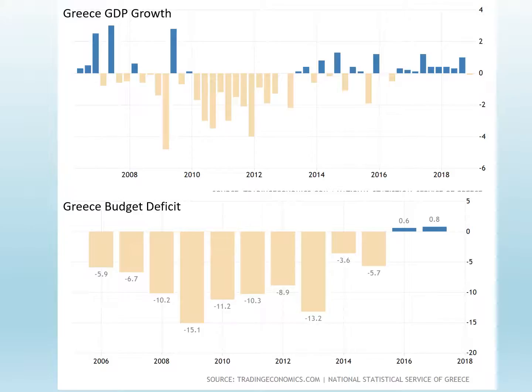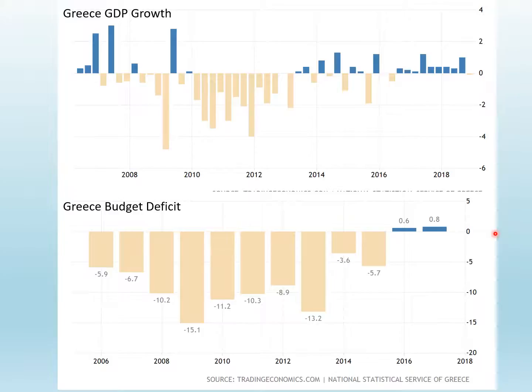If we do the same thing from a Greek perspective, if we start with the budget deficit, you can see here how we have this very, very large budget deficit at the height of the financial crisis, how it dips down again in 2013, that very large budget deficit, and how in recent years there's been a rapid turnaround in the budget deficit from a budget deficit, as you can see, to a budget surplus.